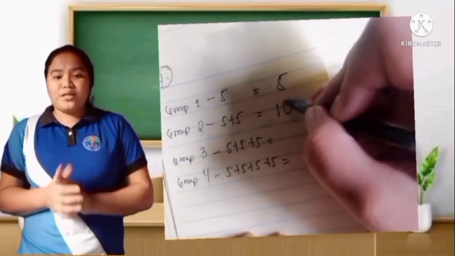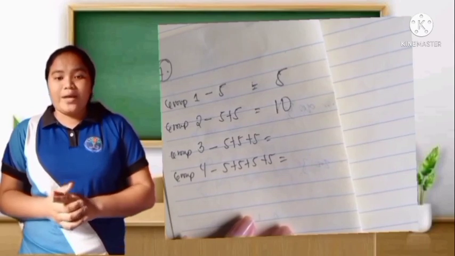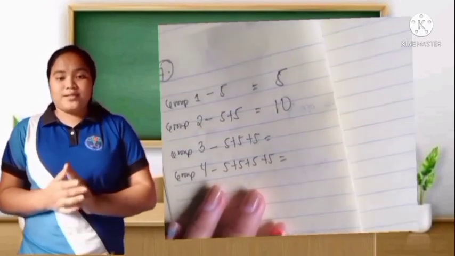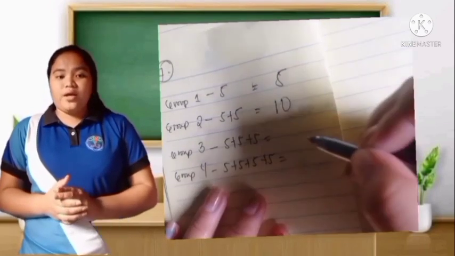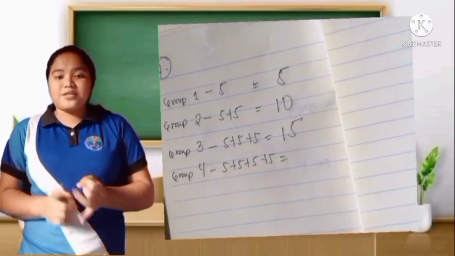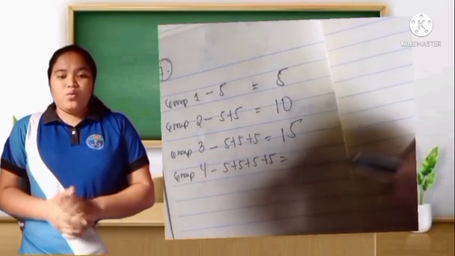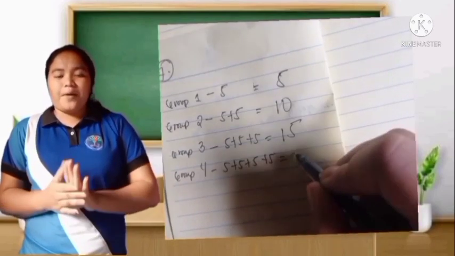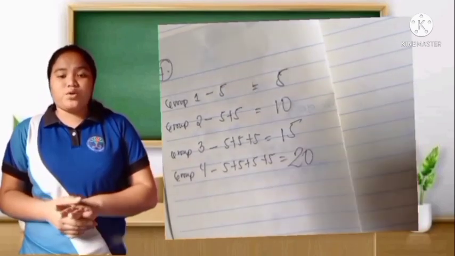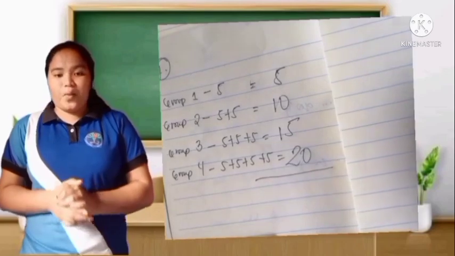In group 2, we distribute 2 pieces of 5 peso coin. So, we have 5 plus 5 equals 10. And in group 3, we distribute 3 pieces of 5 peso coin. So, 5 plus 5 plus 5 equals 15. In group 4, we distribute 4 pieces of 5 peso coin. So, 5 plus 5 plus 5 plus 5 equals 20.